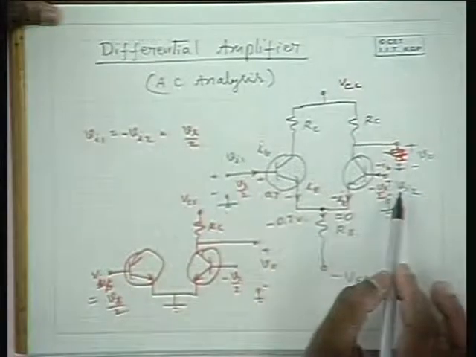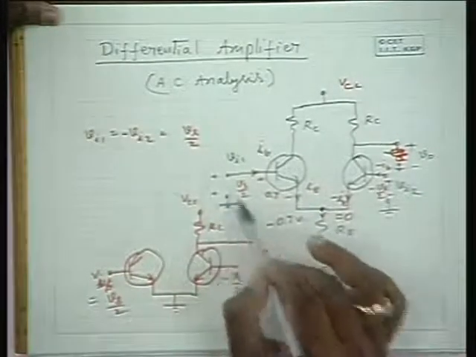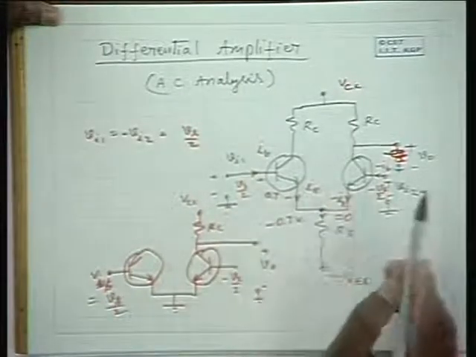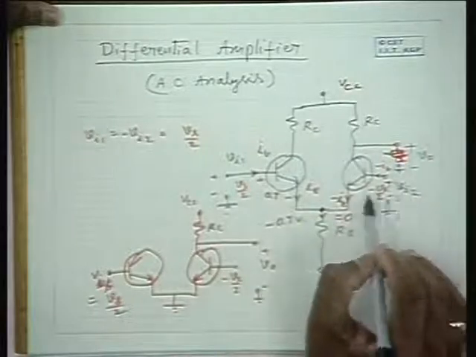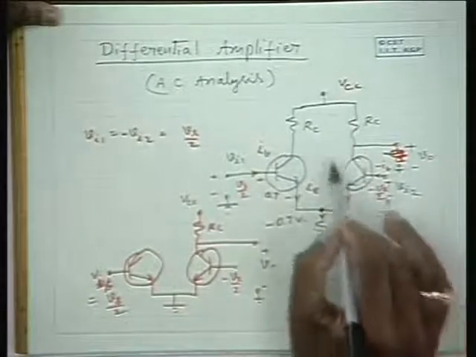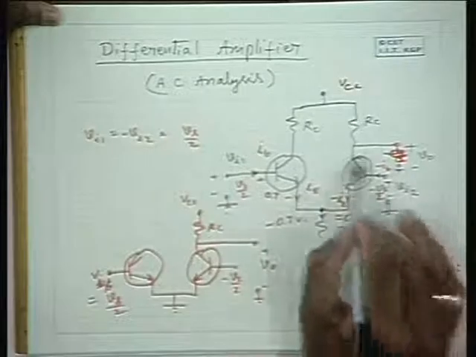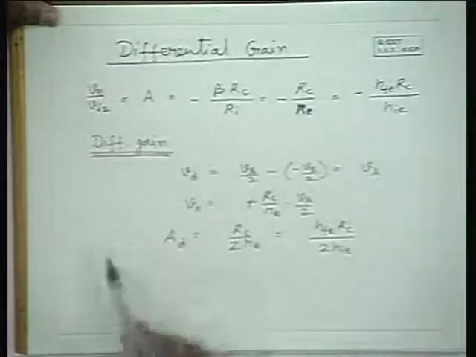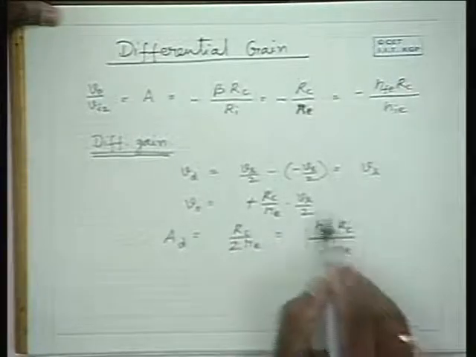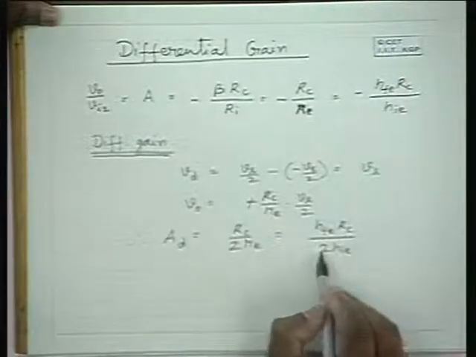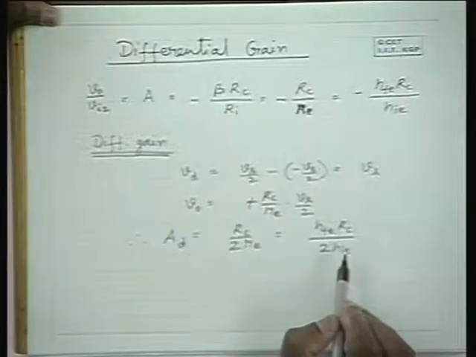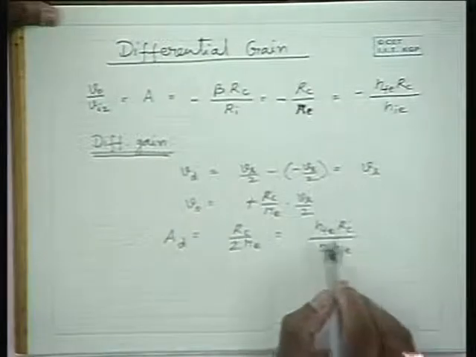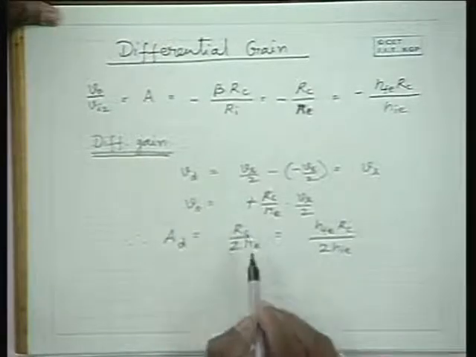So, with this minus this, the signal is double the signal applied here, and because the signal applied is twice and the output is equivalent to that for the same signal on one side, which is half, we get the differential gain as a positive common emitter voltage gain with a factor 2 in the denominator. Hence, the differential gain is H F E R C by 2 H I E or R C by 2 R E.